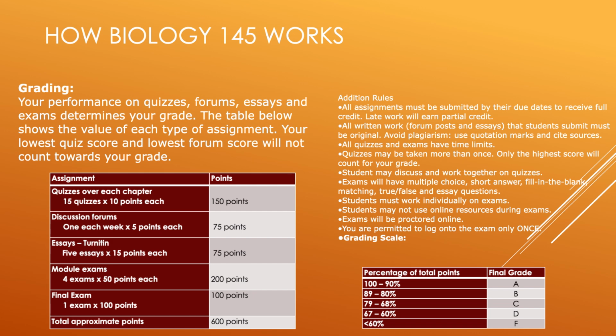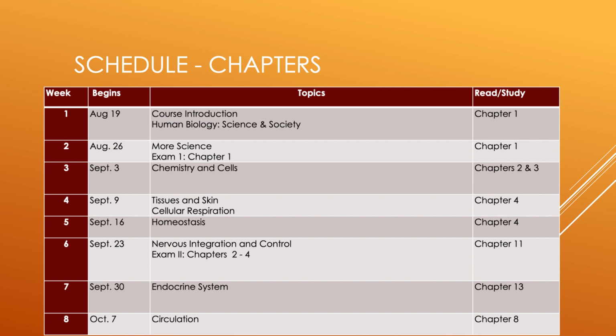Okay, so there's the grading scale there. In general, we're going to cover, as I said, about a chapter a week. Some important chapters will take a little longer. Sometimes we'll skip through a chapter or 2 in the same week. So chapter 1 is really important, so we're going to spend 2 weeks on that. And then chapters 2 and 3 are less important, so we'll go through those fast.